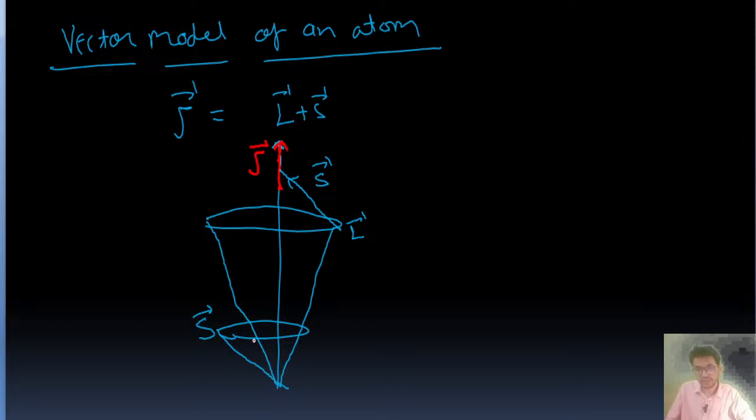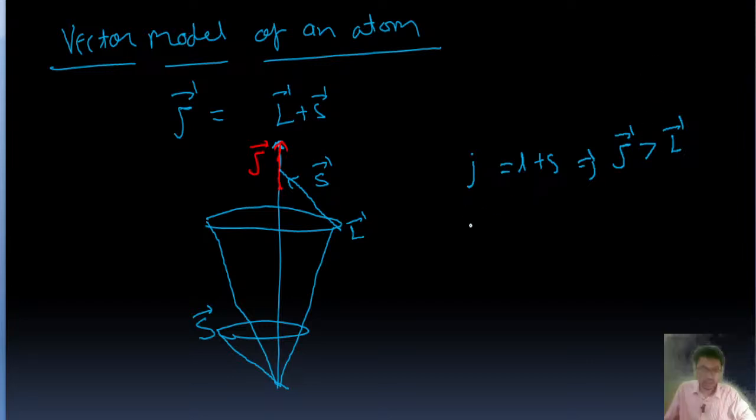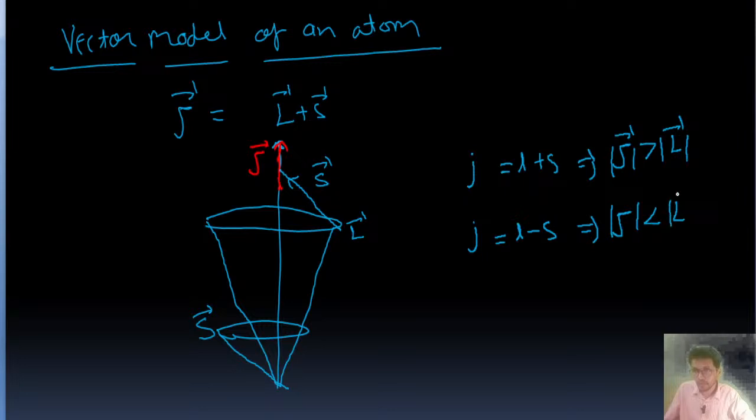So the L vector spins and S vector also spins around here. So here J equal to L plus S, right? That implies in this case J is greater than S, greater than L, right? And also J equal to L minus S implies mod of J is less than mod of L.